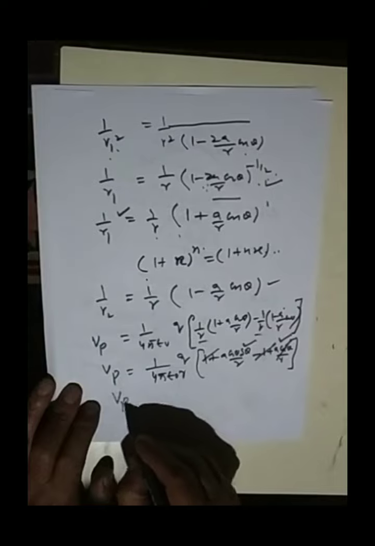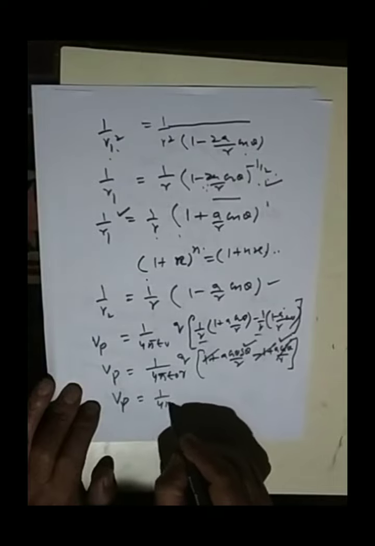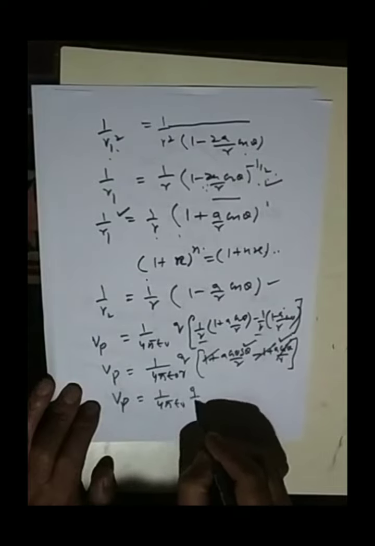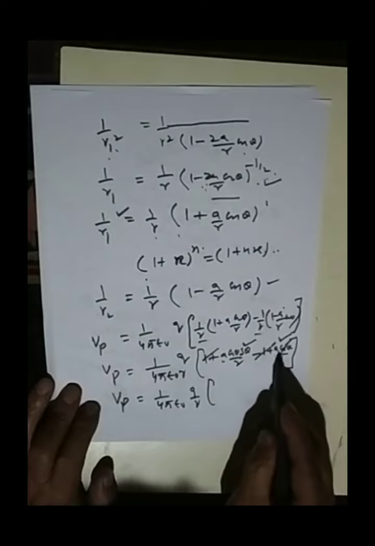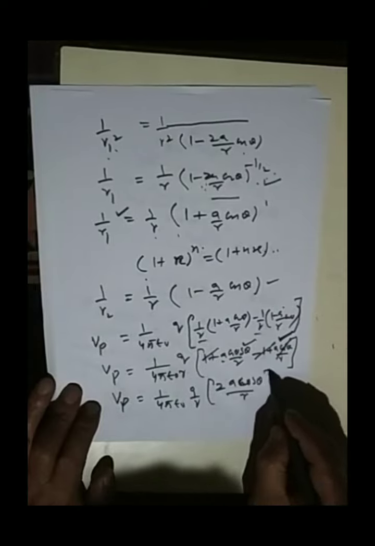So Vp will be equal to 1 by 4 pi epsilon 0 Q by R, it will be A cos theta plus A cos theta, that is 2A cos theta by R. Now Vp will be equal to, we bring Q inside.